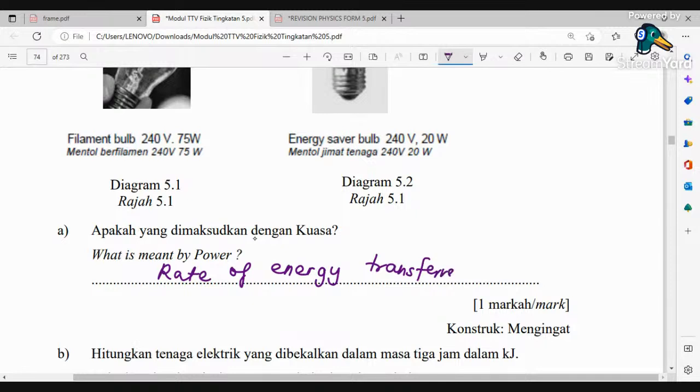So in topic electricity, energy transferred will become or change to another type of energy, like become light energy, becomes sound energy, become heat energy. Okay.